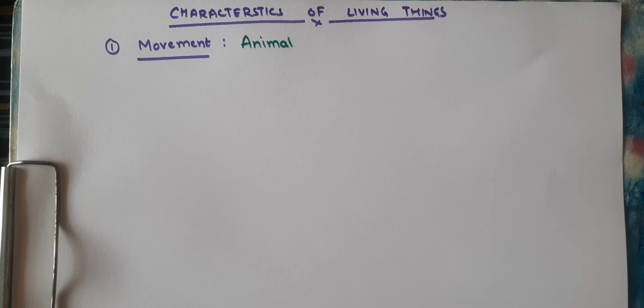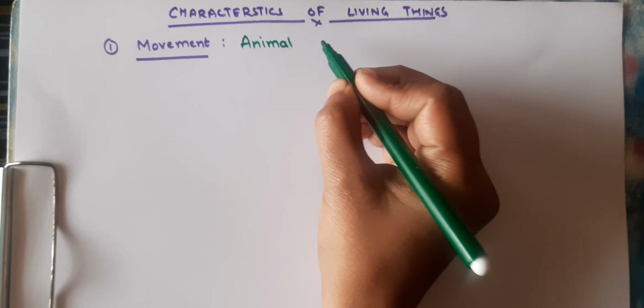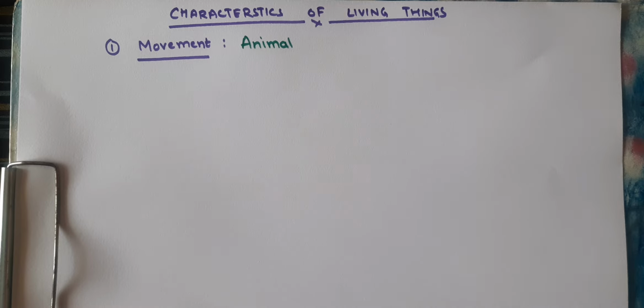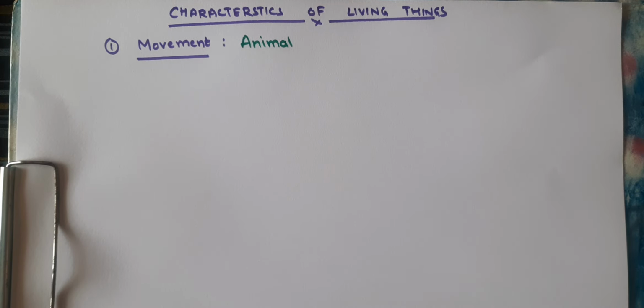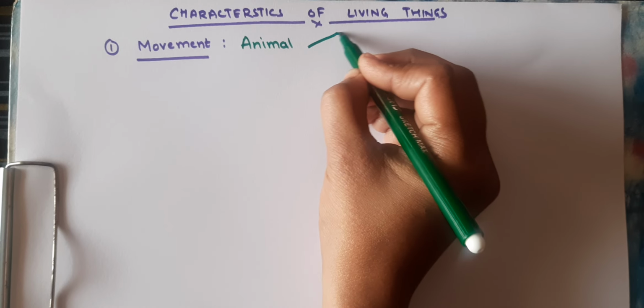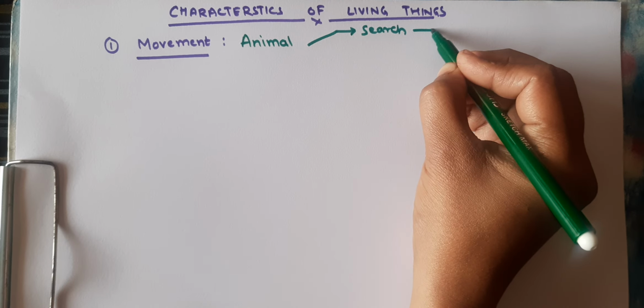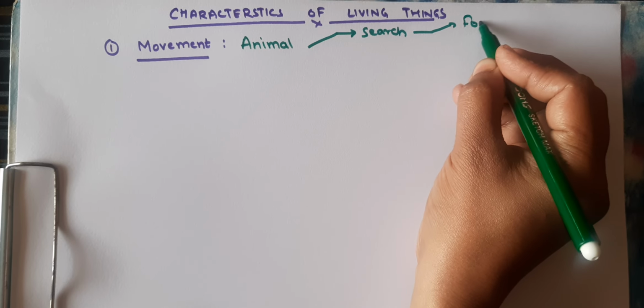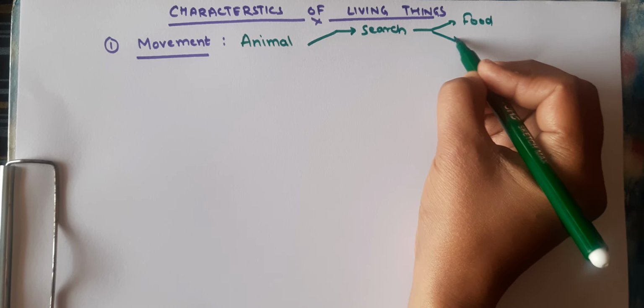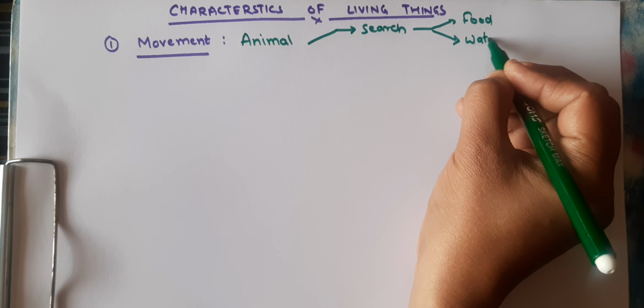So some living things like animals move from place to place. The plant will get its food from the surroundings by roots, however animals cannot. They don't have roots, so they have to move from place to place. Why? To search for food, water.